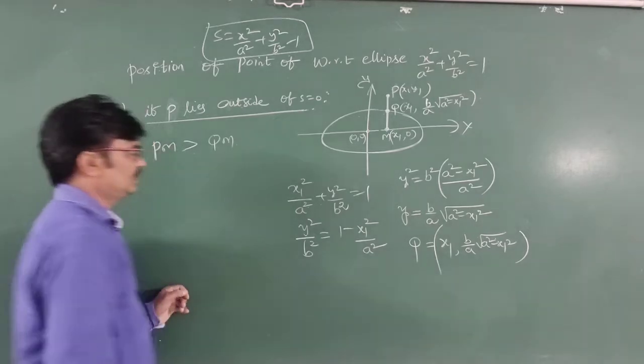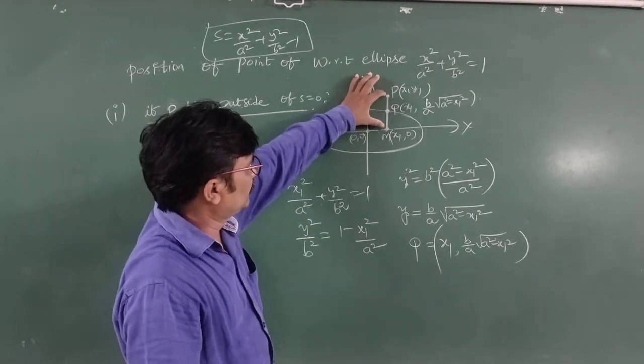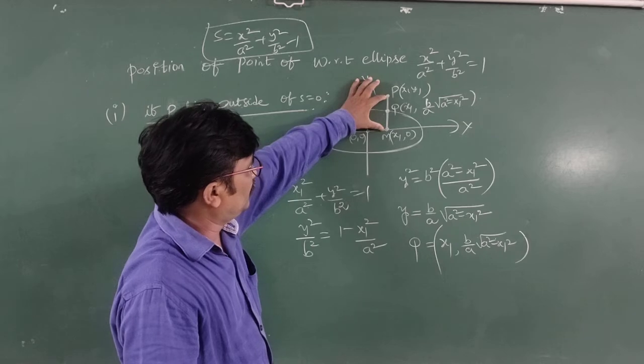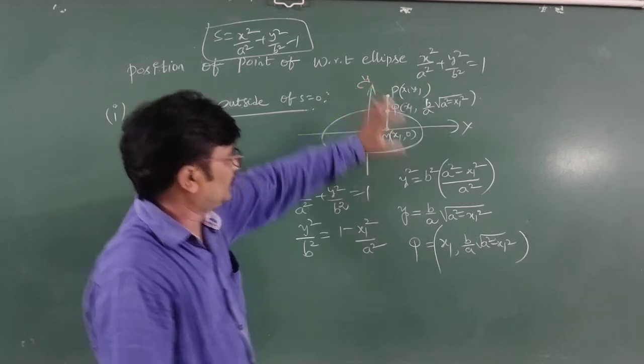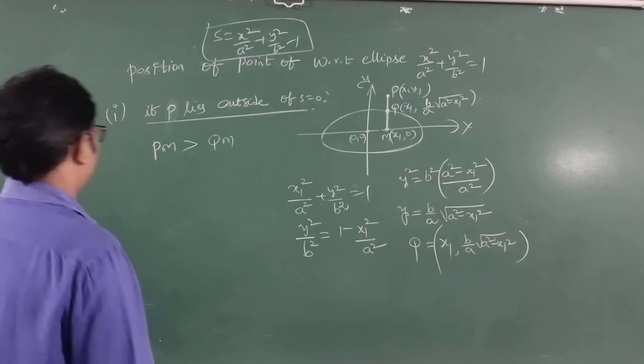Undoubtedly P lies outside, therefore PM is greater than QM. So my dear students, what is PM?